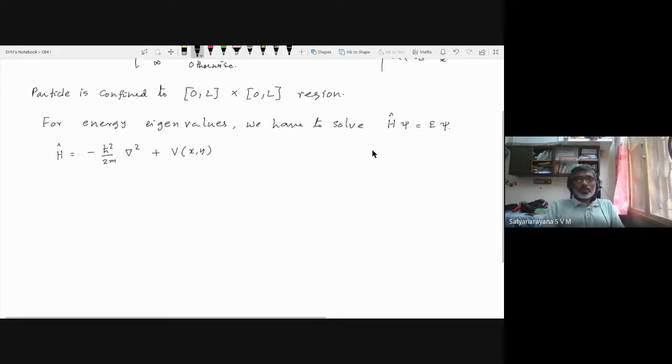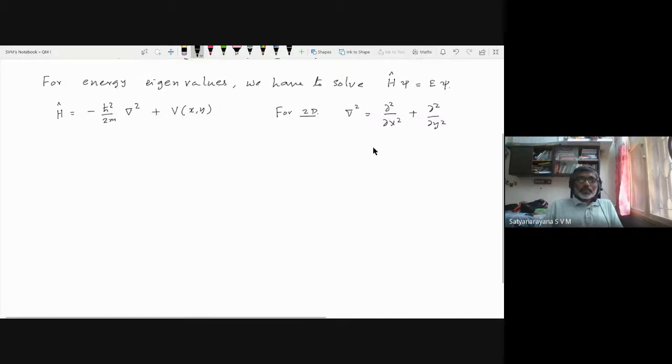But for 2D, we have this del square written in terms of del square by del x square plus del square by del y square in Cartesian xy coordinates. So H psi is equal to E psi. This equation takes the following form.